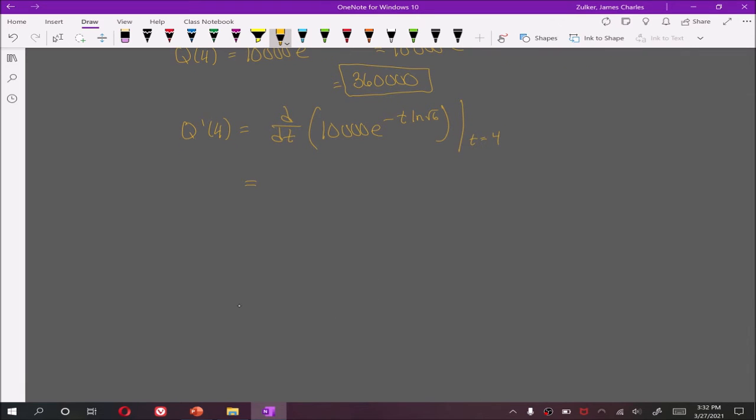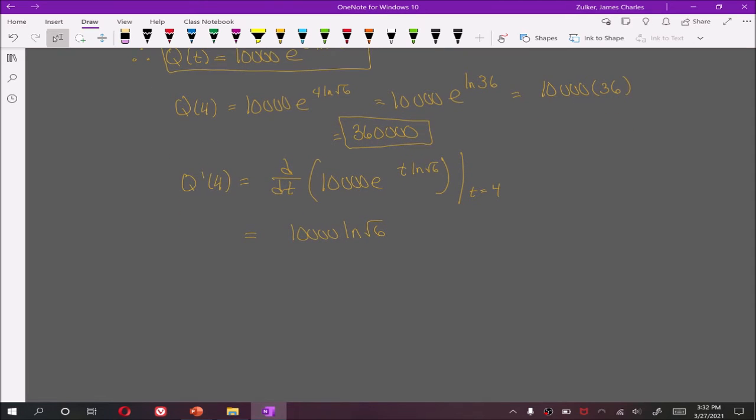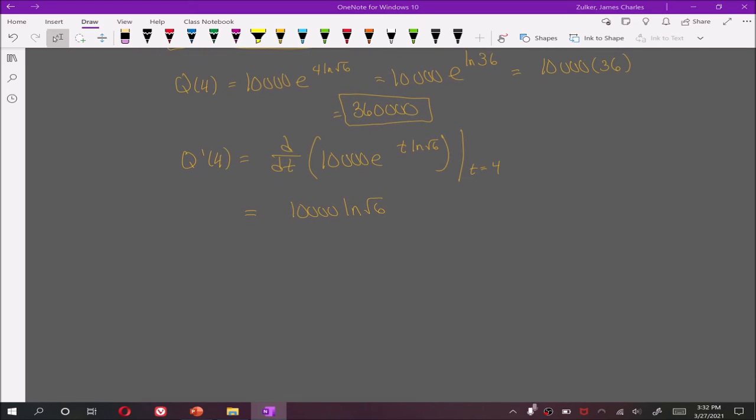And so we get 10,000 log of root 6 e to the t times log of root 6 evaluated when t is equal to 4.